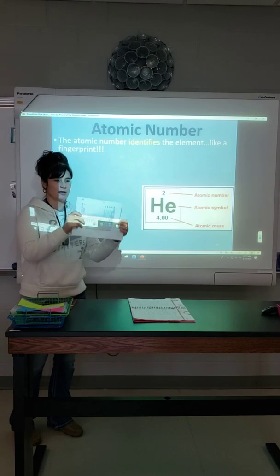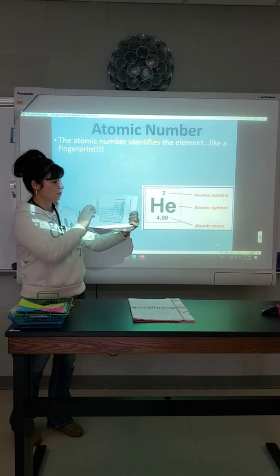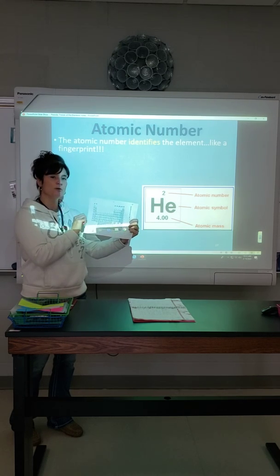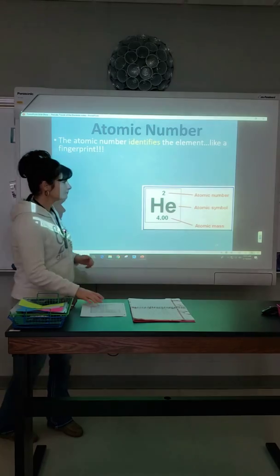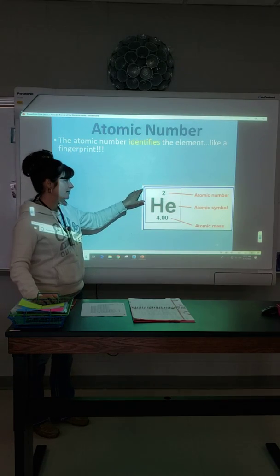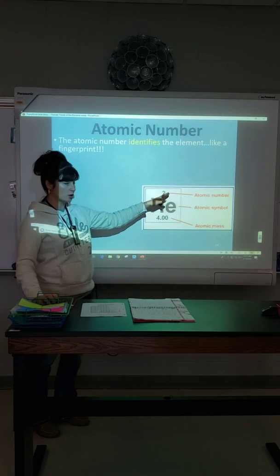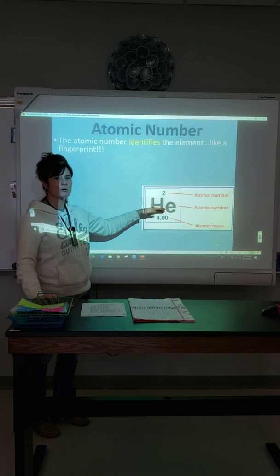So on our periodic table, there are some numbers, okay? It might help you if you have this out while we're going through some of this. Each element on the table has its own little square. On that square, it has an atomic symbol or an abbreviation.